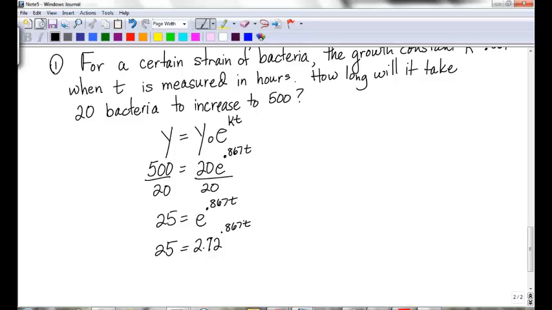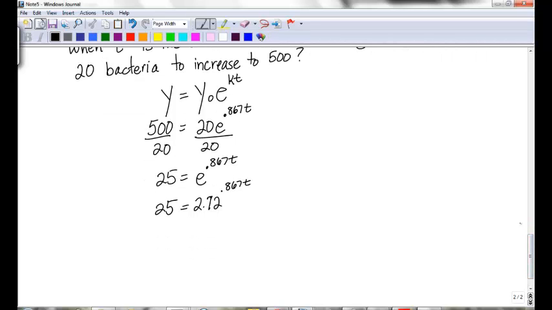Anytime there's a variable up as an exponent, to solve it you take the log of both sides. Now, I could do log or ln. I'm going to do log. So, take the log of 25 equals the log of 2.72 to the 0.867t power.